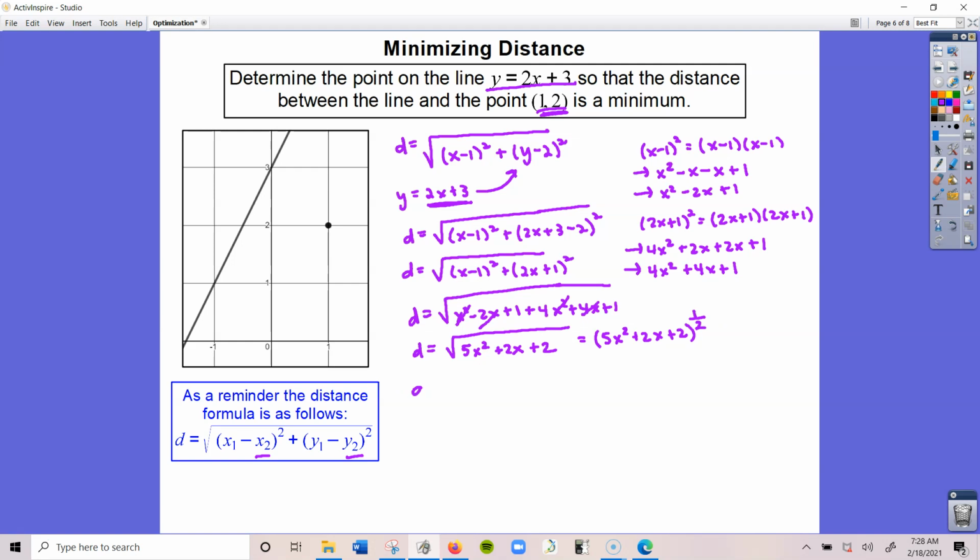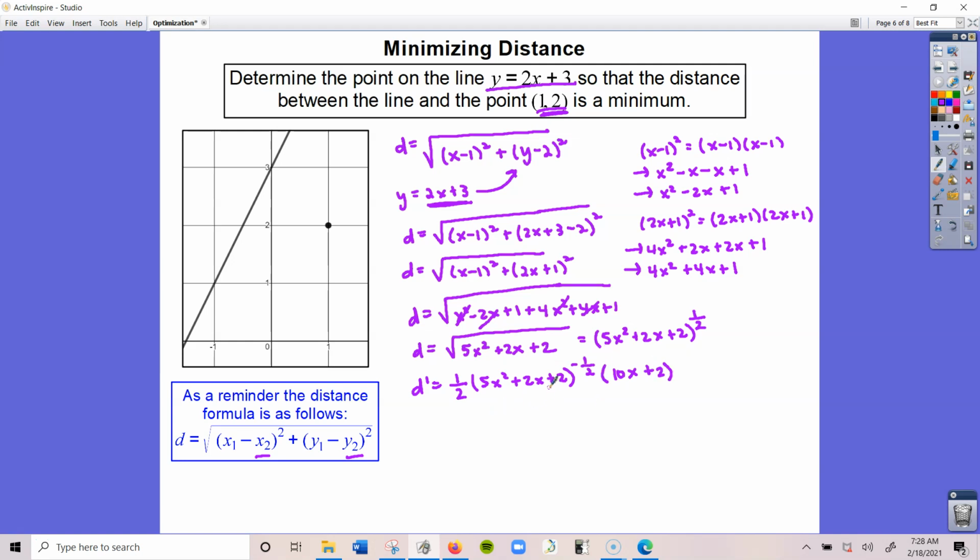The derivative of this, we would have to use the chain rule. So we bring the 1/2 to the front times 5x squared plus 2x plus 2 raised to the negative 1/2 times the derivative of the inside, which is 10x plus 2.